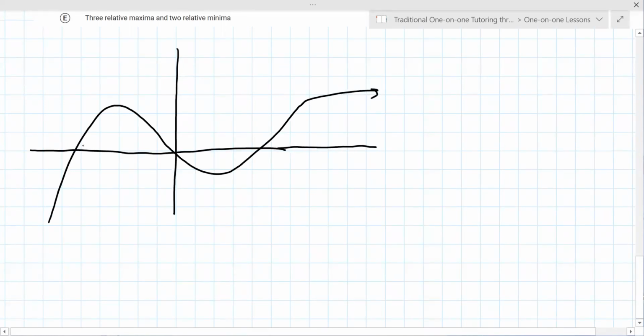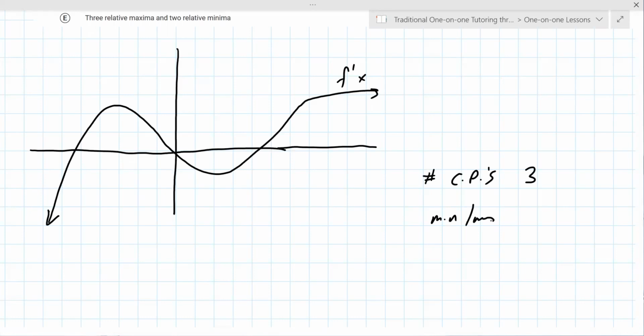All right, and so I want you to tell me the number of critical points. This is f prime of x. So there's 3 critical points. And then go ahead and decide how many mins and maxes there are. Positive, negative. Okay, so I need to make a switch.